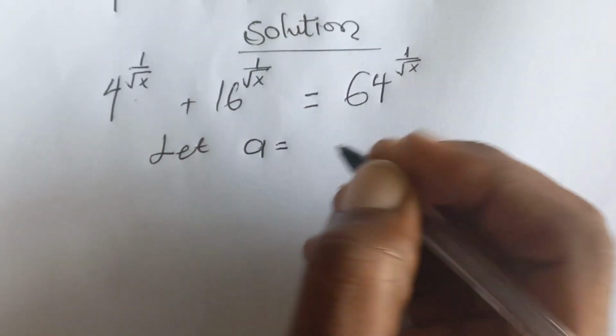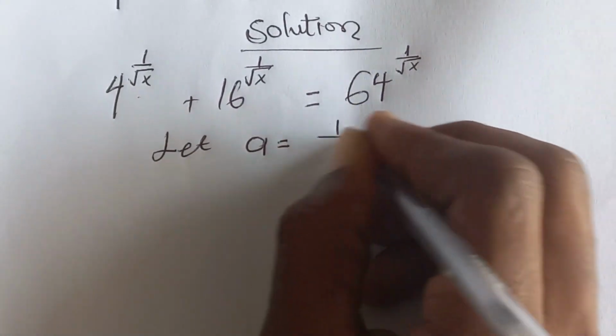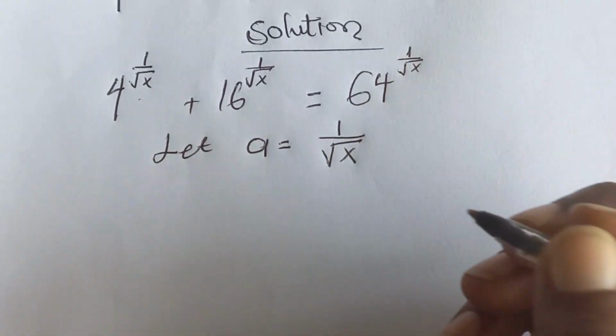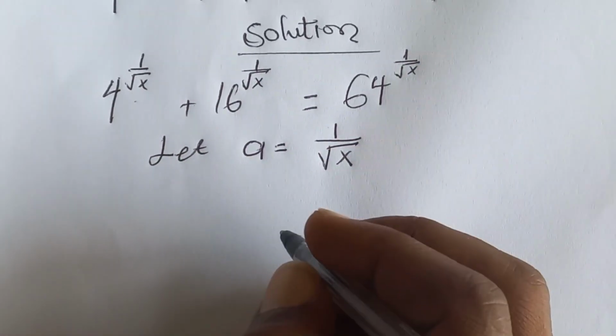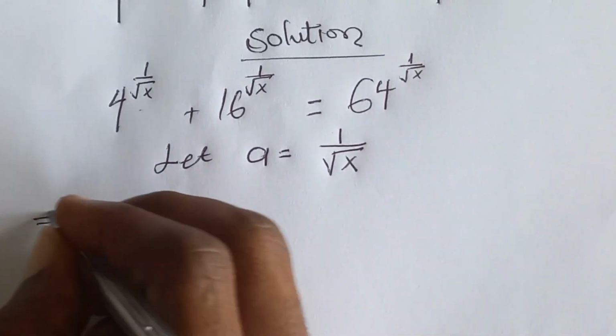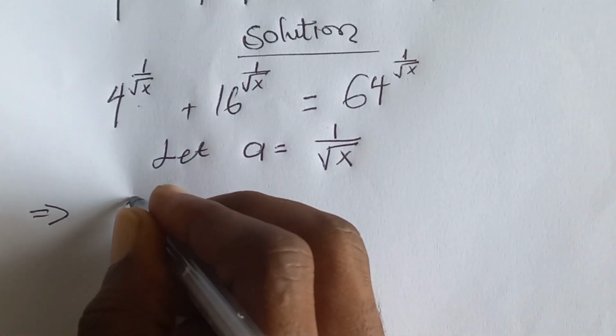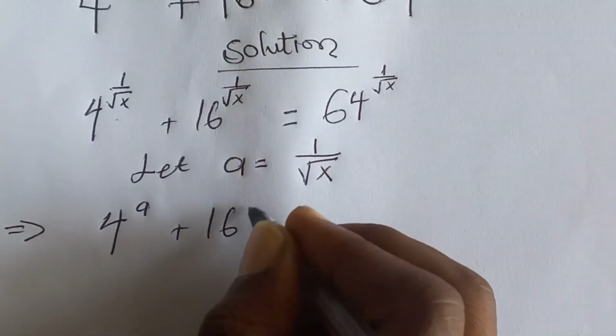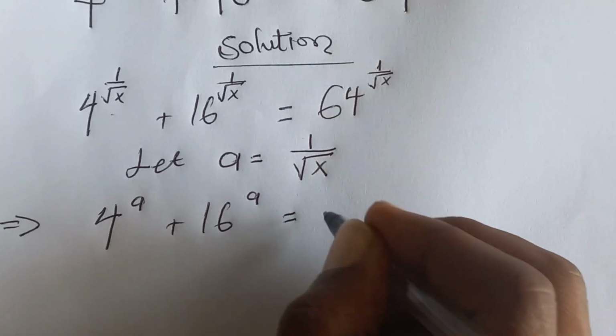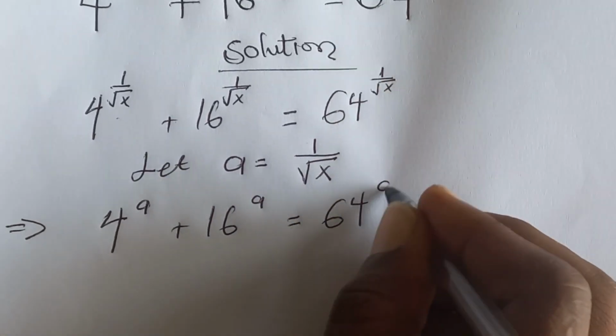let a be equal to 1 on root x. Now we rewrite our expression, which is 4 exponent a plus 16 exponent a is equal to 64 exponent a.